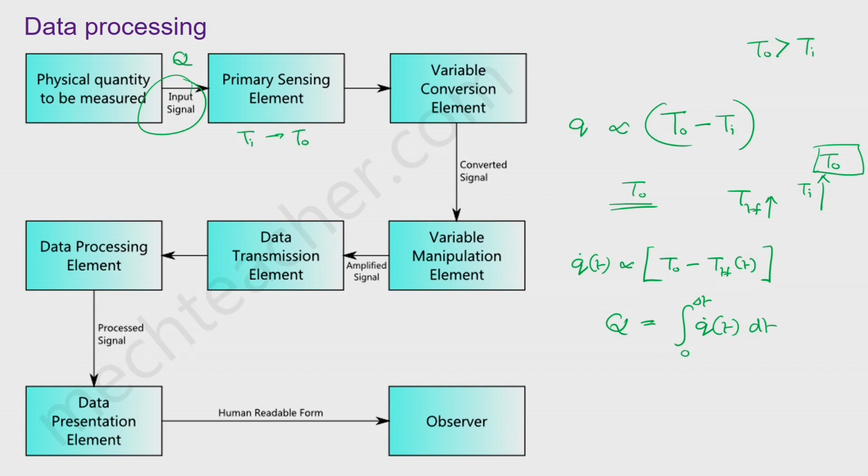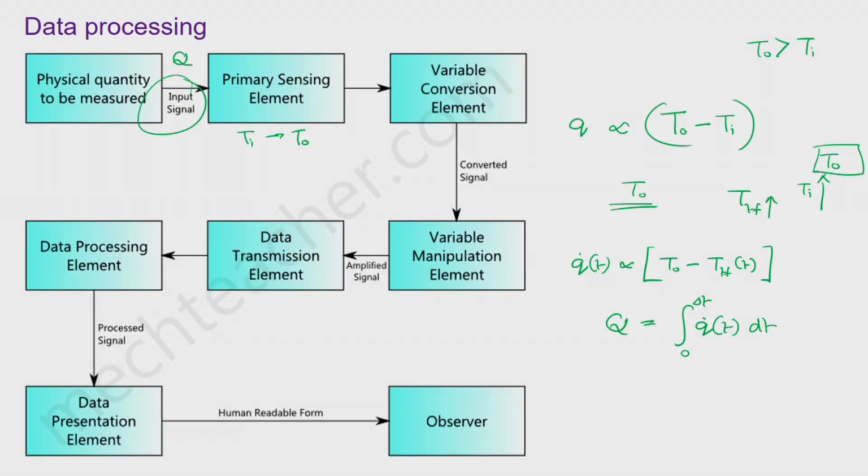Now, once this primary sensing element has got this, it will transduce this input signal to a certain form, and that form will depend on the nature of the instrument and also its mathematical characteristic. Like if we go back to the example of the thermometer, this heat is going to get converted to a change in temperature of the thermometric fluid, and then that will get transduced to a change in volume of the thermometric fluid through the capillary column.